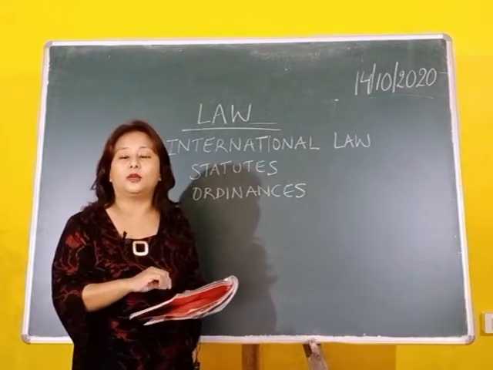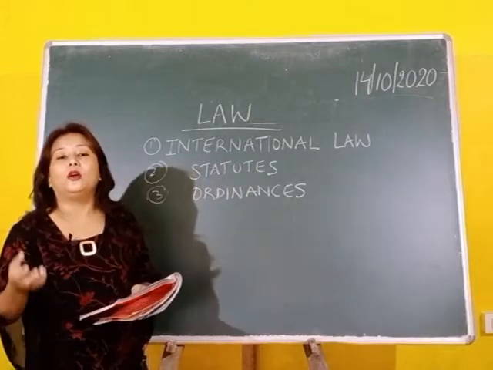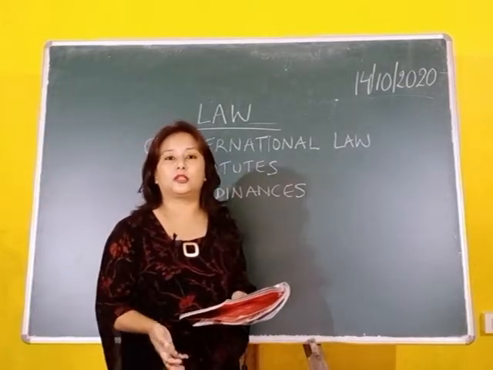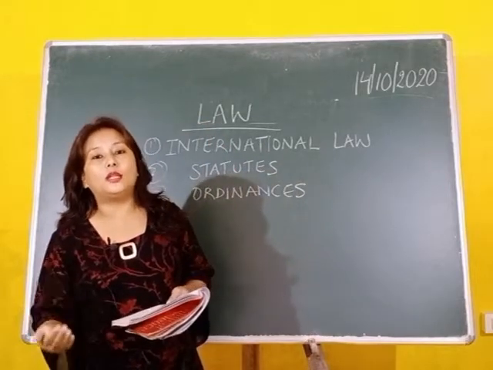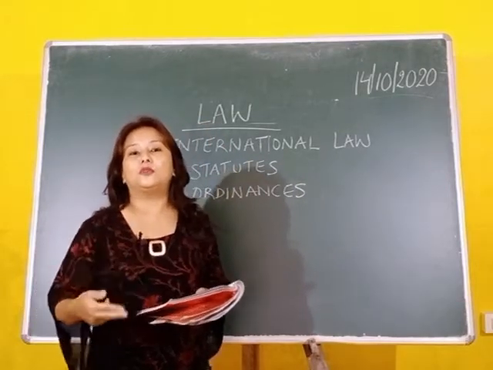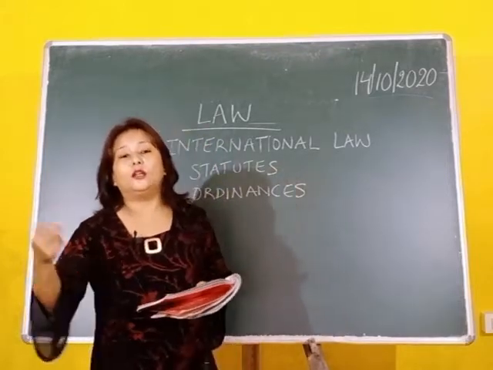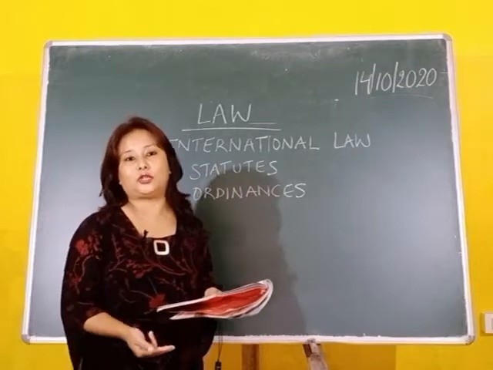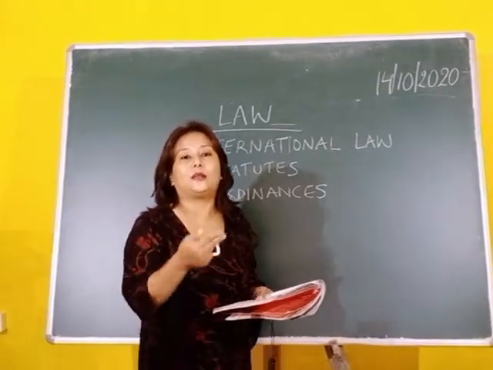There is a circumstance when ordinances are actually passed. Ordinances are passed only when the 2 houses of parliament are not in session, meaning when the Lok Sabha and the Rajya Sabha are not in session.